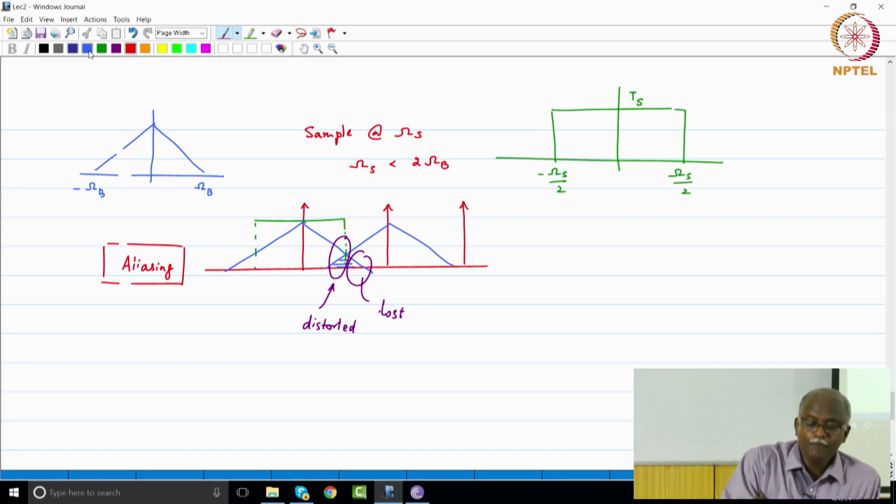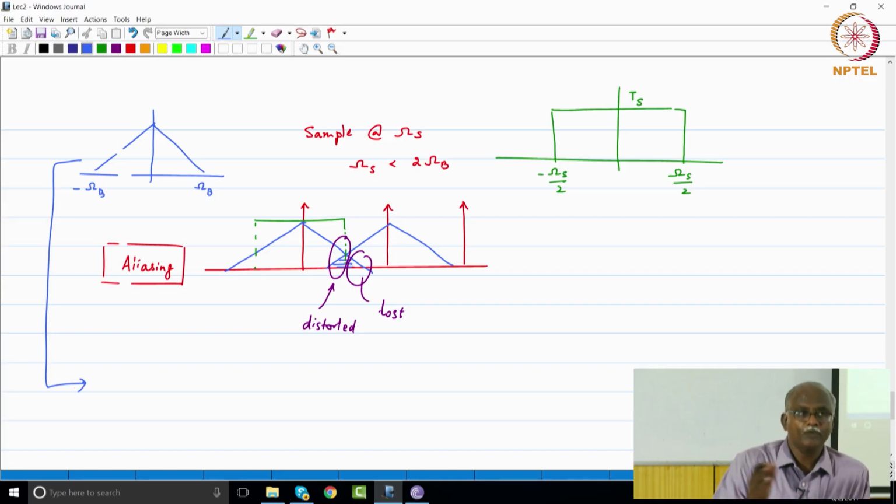Now, same question, I have a band limited signal from omega b to minus omega b. I want to sample it at omega s, where omega s is less than 2 times omega b, but I do not want aliasing. What do I do? Anti-aliasing filter. So, the only option for me is to apply a filter which limits it to minus omega s by 2 to plus omega s by 2.